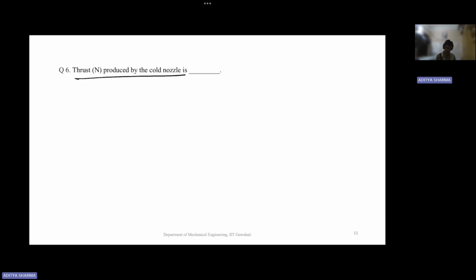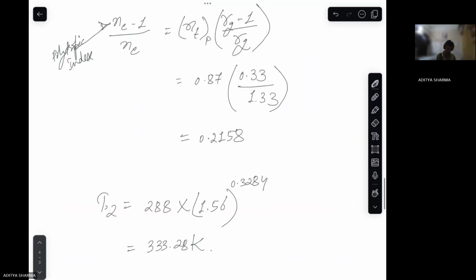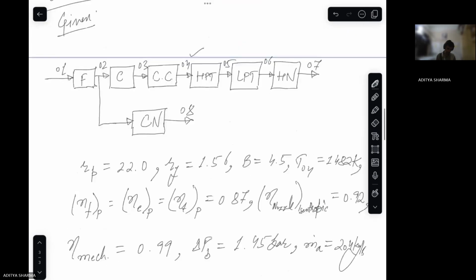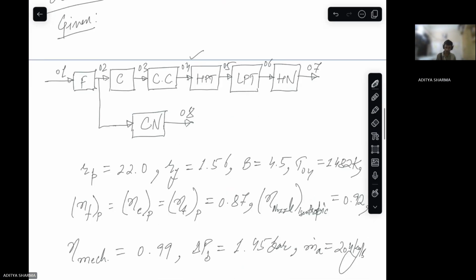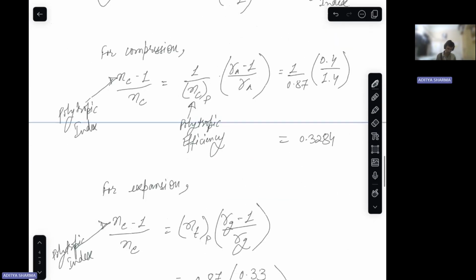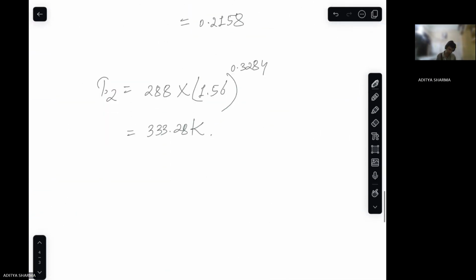For thrust produced by cold nozzle, if you see the schematic, from 2 to 8 it is moving. Okay. So for thrust, what do we require? Question number 6.